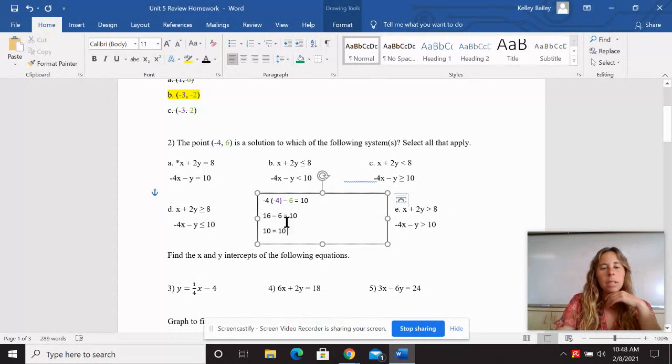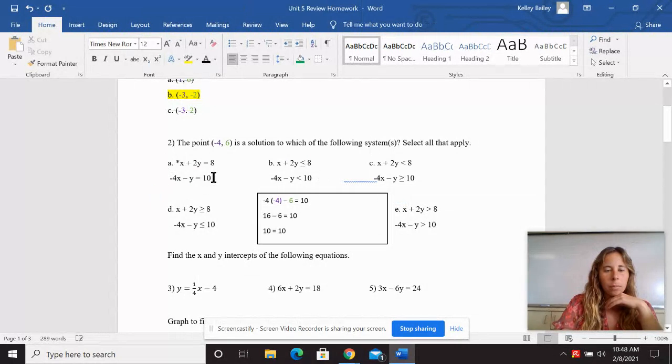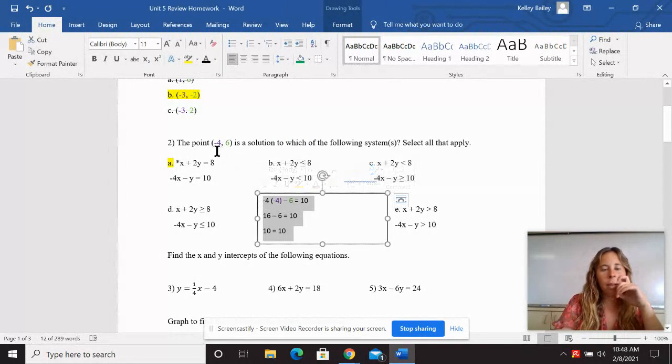So it works in both equations. So let's highlight A. A is one of your answers. So the point negative 4, 6 is a solution to A.